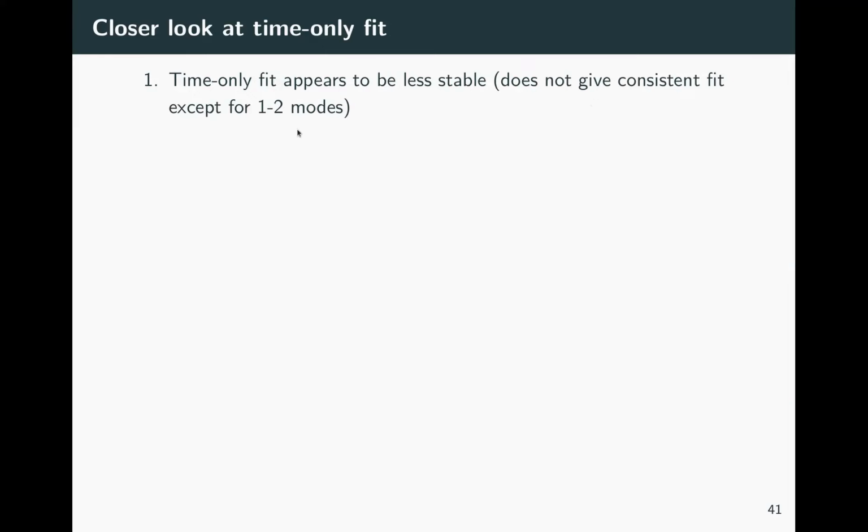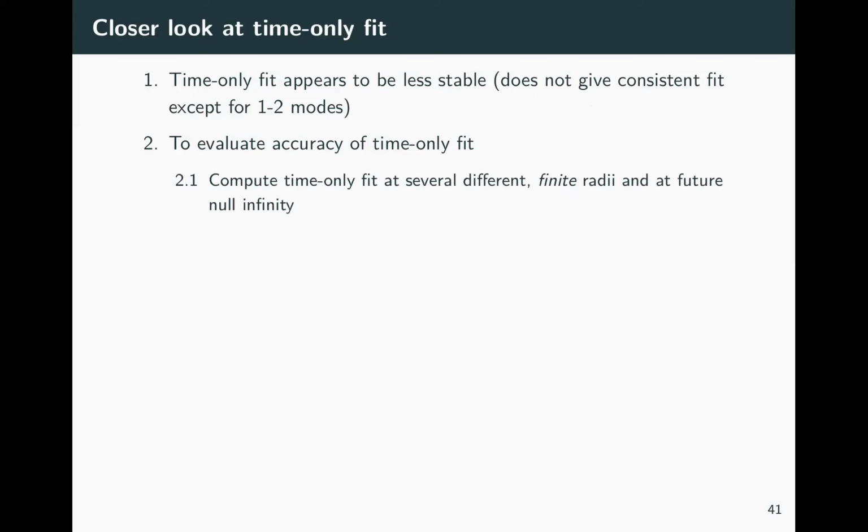We don't seem to be getting a consistent fit except for the first two modes. But now you want to evaluate the time-only fit. What's another measure of the time-only fit besides looking at this stability diagram? What Henry did is he did the time-only fit at several different radii, including future null infinity.